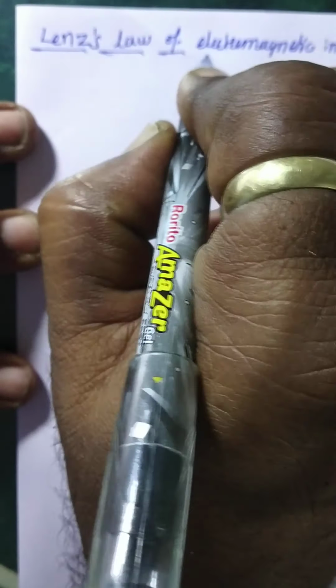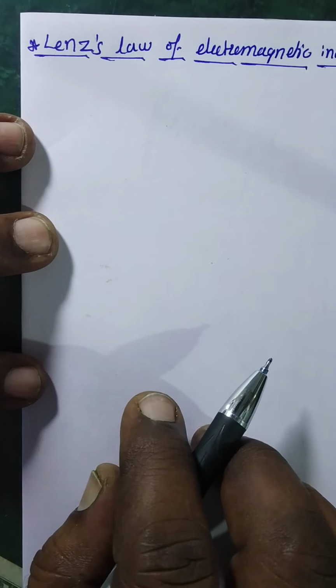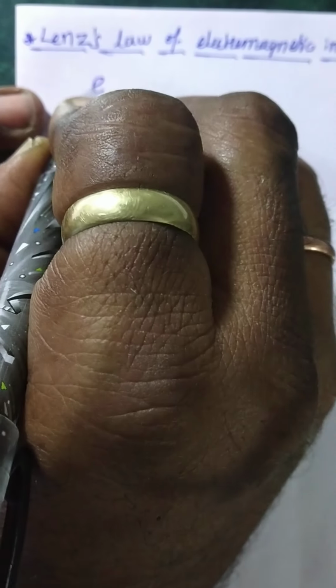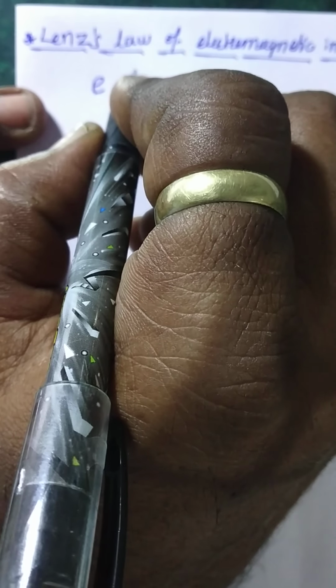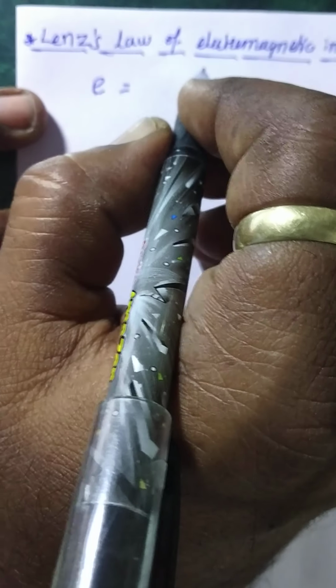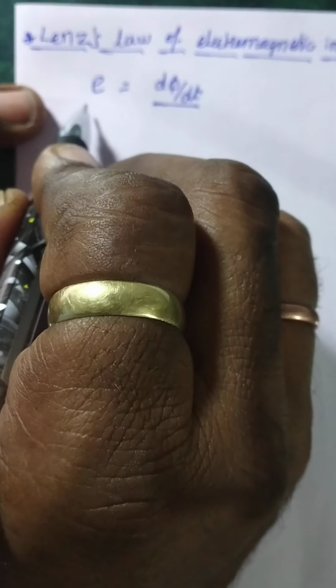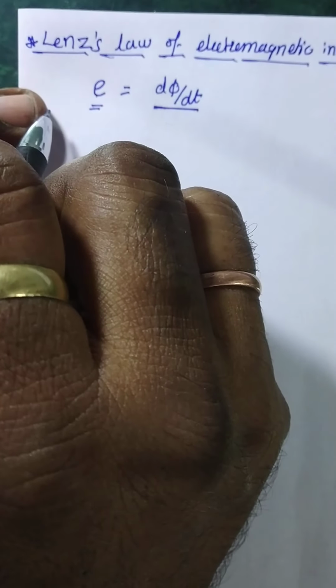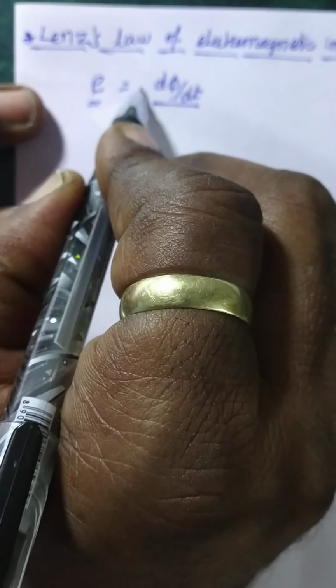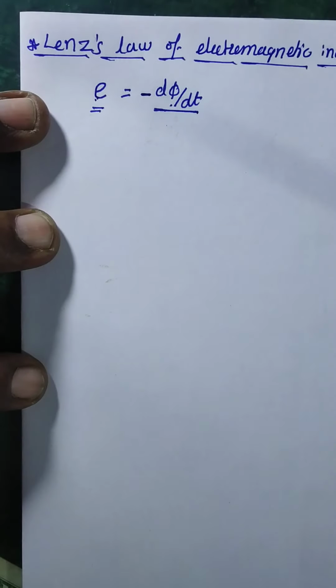The direction of an induced EMF is such that it opposes the change in magnetic flux linked with the circuit. That is, E is equal to d phi by dt, where d phi by dt is the rate of change of magnetic flux and E is the EMF induced, but their directions are opposite to each other, therefore we have to take a minus sign.